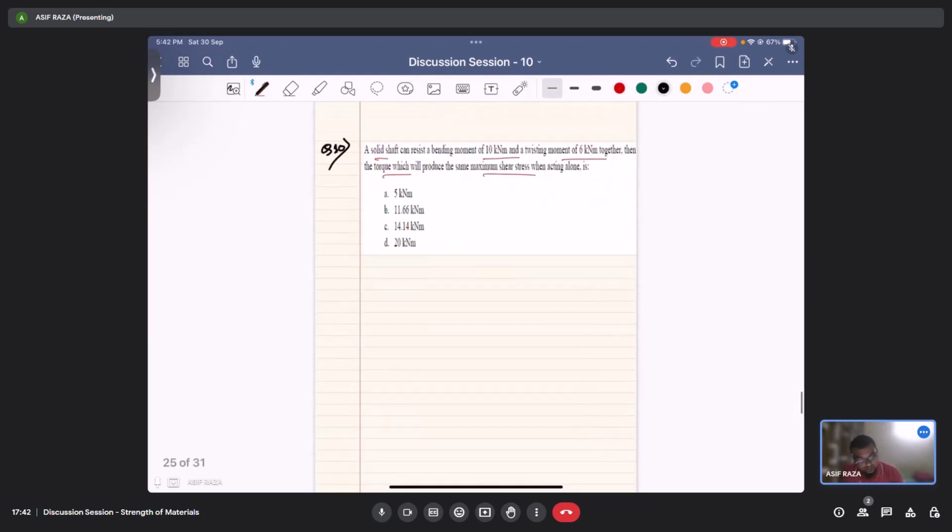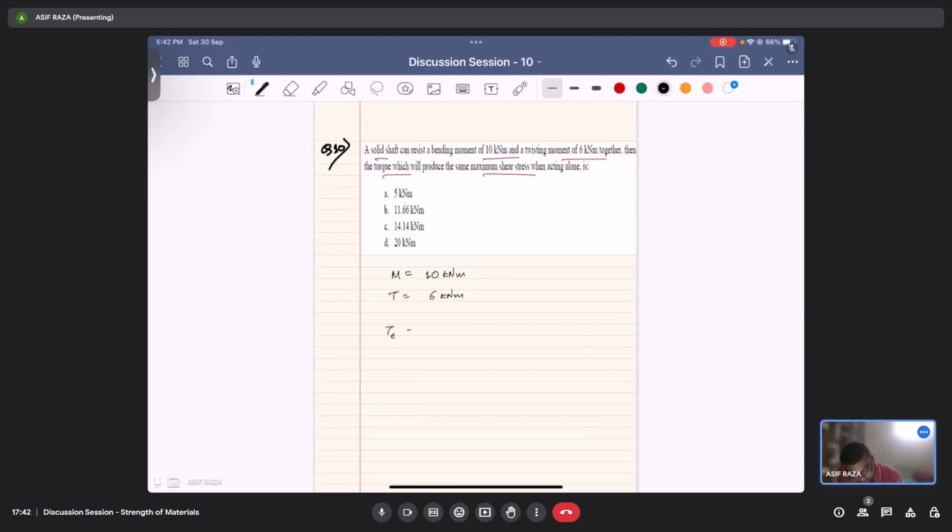So this is a straightforward question. We are given the bending moment as 10 kilonewton meter, twisting moment as 6 kilonewton meter. According to the question, we need to find the equivalent torque which will produce the same maximum shear, which is being produced by the bending moment and the twisting moment provided in the system.